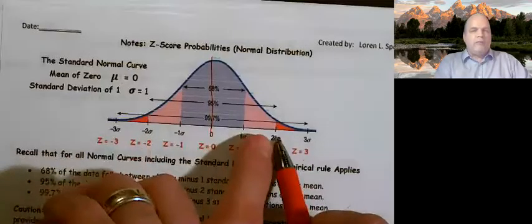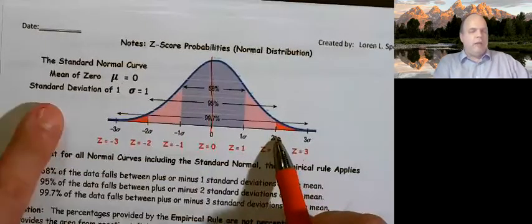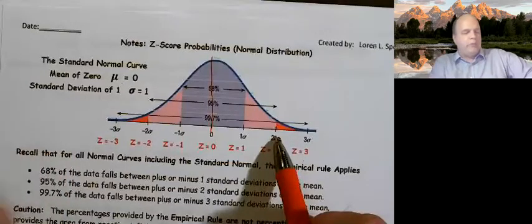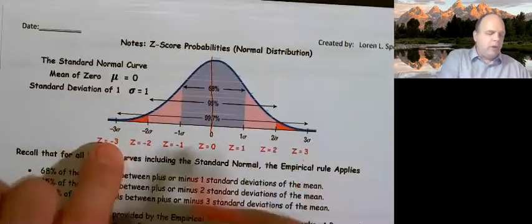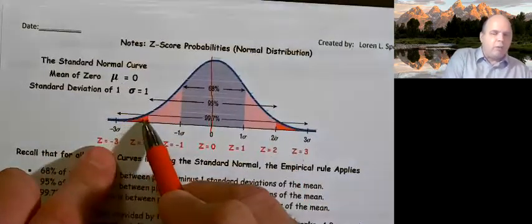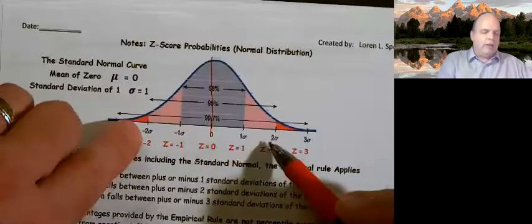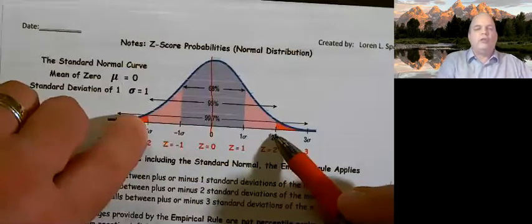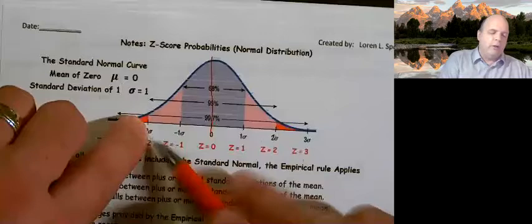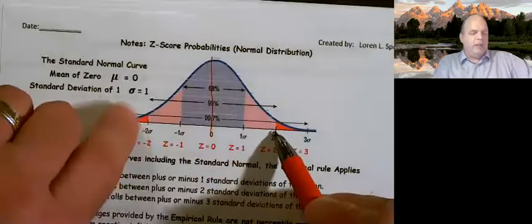We took positive 2 and went all the way to negative infinity. A better way to say it is we went all the way from negative infinity up to here. So we included this part right here when we did this problem. Whereas the empirical rule is only centered on it. So it went 2 standard deviations below and 2 standard deviations above. It did not go to negative infinity.